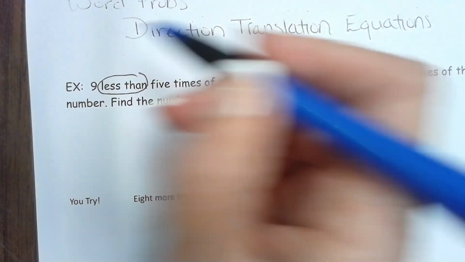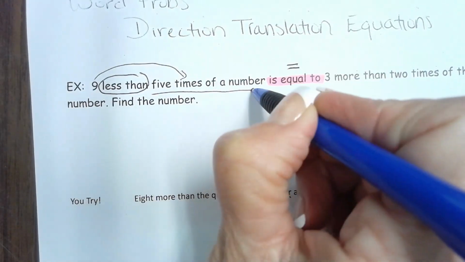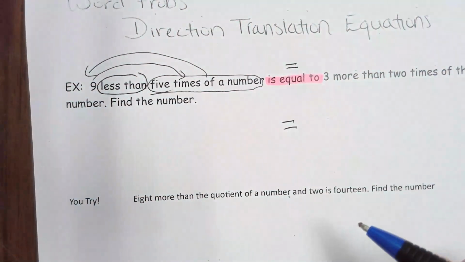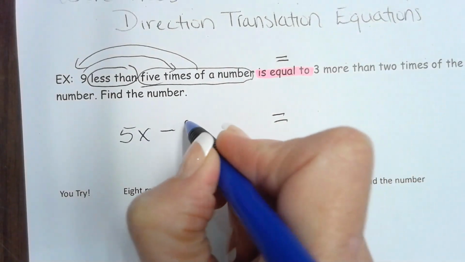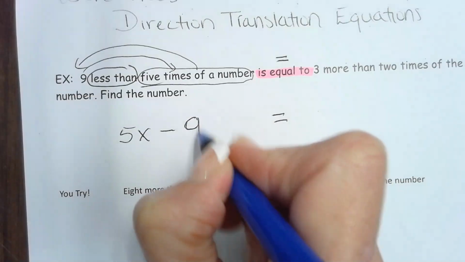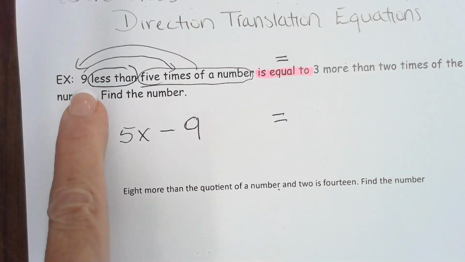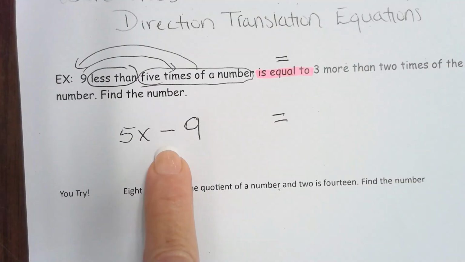It's a turnaround. So the 9 goes in the back, and the 5 times the number goes in the front. 5 times the number, we need a minus sign, and the 9 goes in the back. 9 less than, that means 9 goes in the back, less than is a minus sign, 5 times the number.